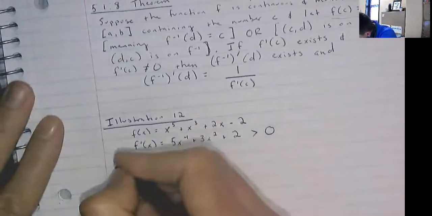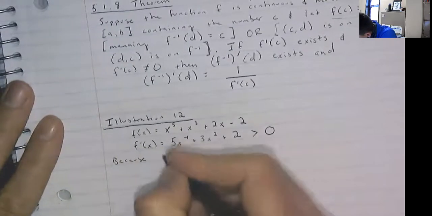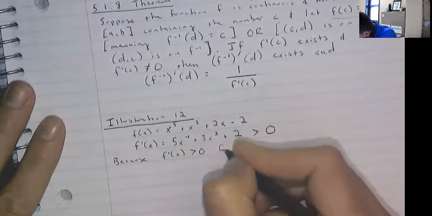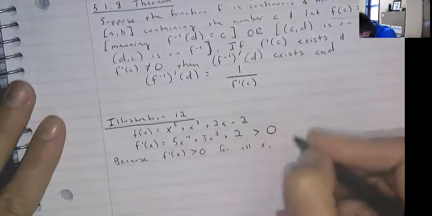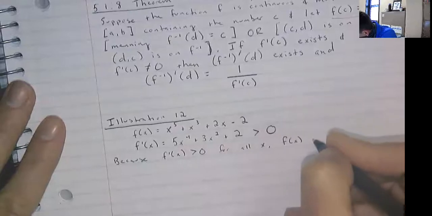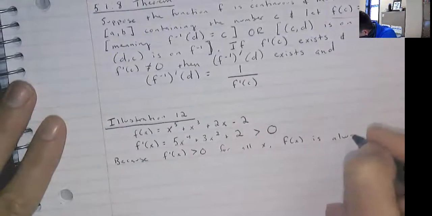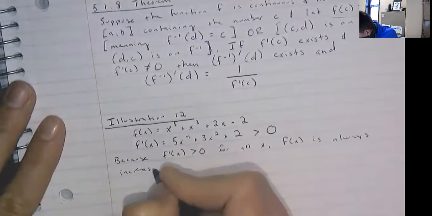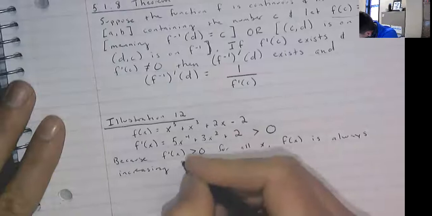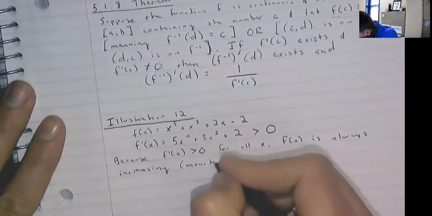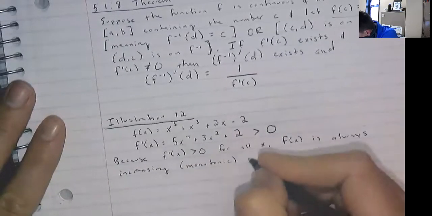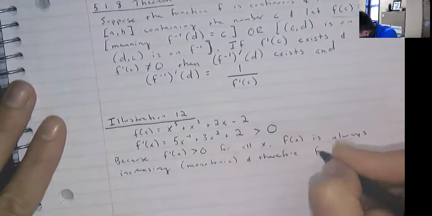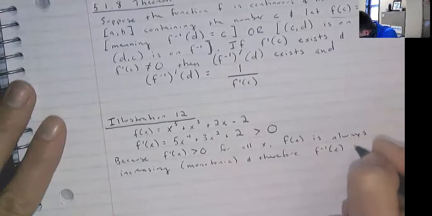So because f prime of x is greater than 0, for all x, f of x is always increasing, monotonic, and therefore we know that the inverse of f exists.